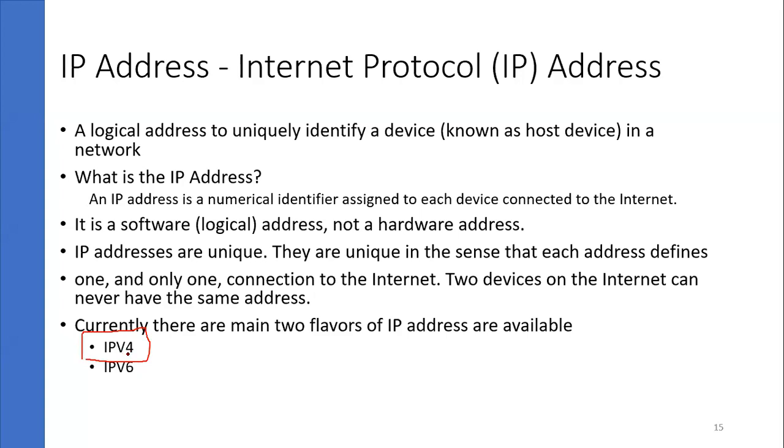We are mainly focusing on IP addressing. I told you it's internet addressing, IP addressing. For IP addressing, there are different versions. Everything evolved from a starting point to the current state. This evolution is reflected by these versions.